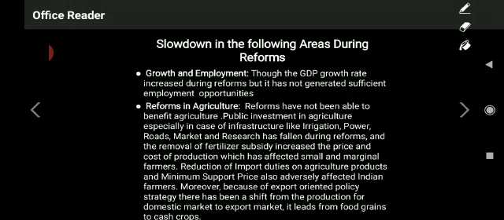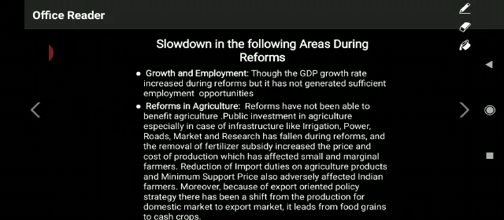When importable goods are available at a cheaper rate compared to domestic agriculture products, people like you and me automatically go and purchase imported items. And the demand for imports, what happens? Increasing. If the demand for imports increases, the demand for local and domestic products, what happens? Slowing down. And also, the minimum support price also adversely affected Indian farmers.